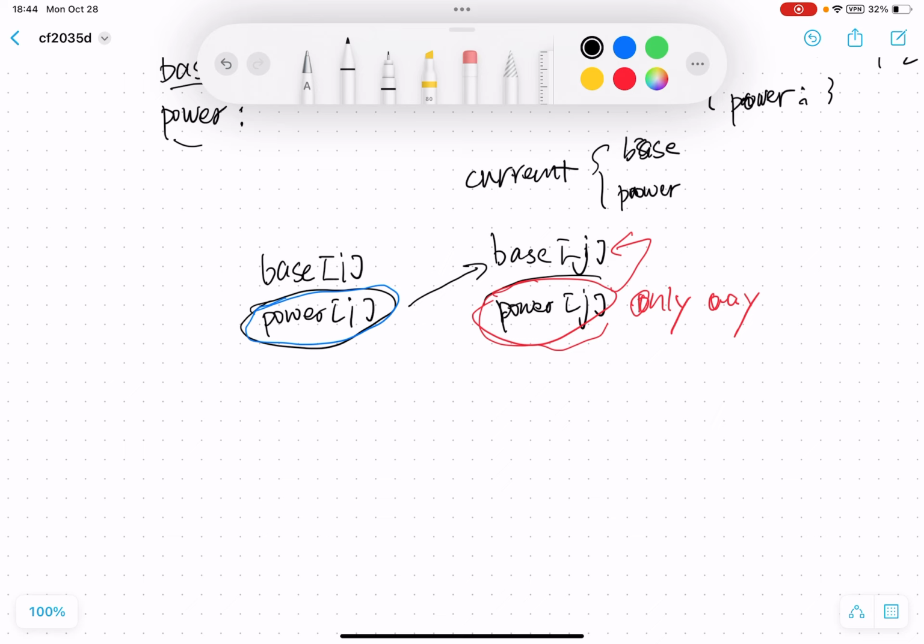This is an obvious conclusion, because the largest value always provides more to the answer. So if we multiply power i into base i, the value we get is base i multiplied by 2 to the power of power i.